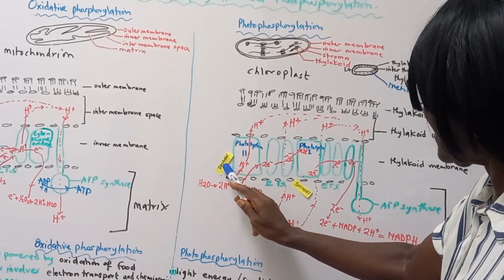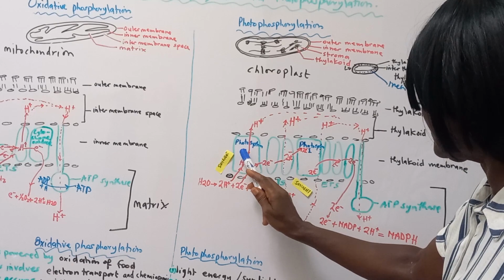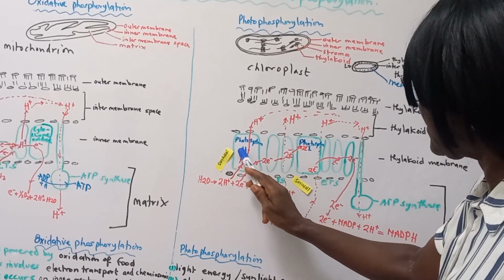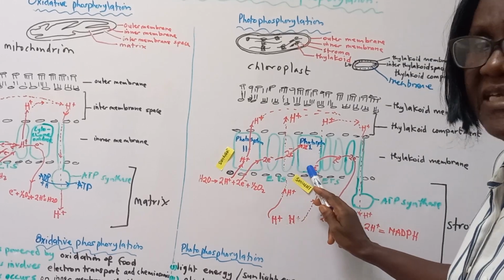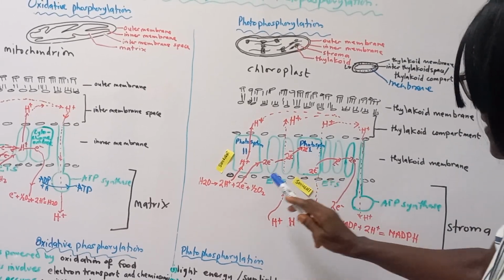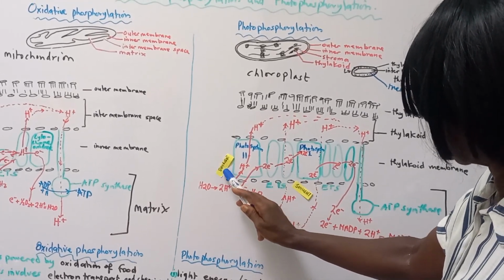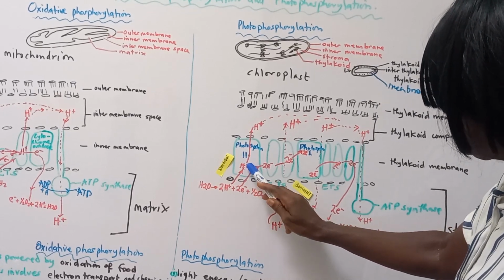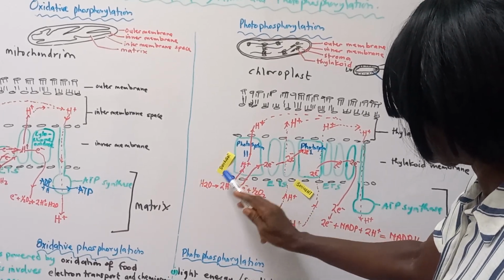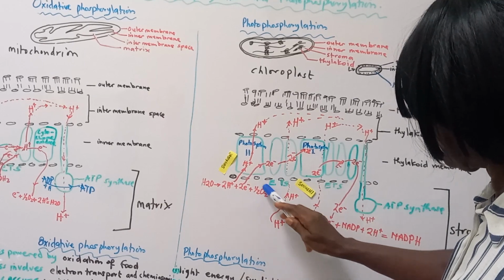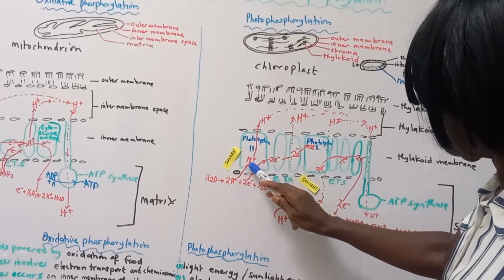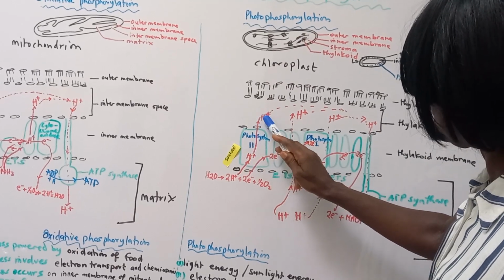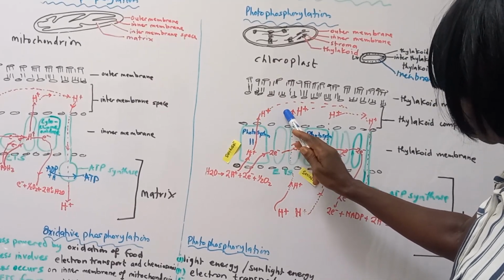So sunlight energy hits photosystem 1 and photosystem 2. We discussed this in the light-dependent reaction, right? So we have here sunlight energy hitting photosystem 2. As the sunlight hits the photosystem, water is broken down, that is photolysis, and the hydrogen ions are pushed into the interthylakoid space.